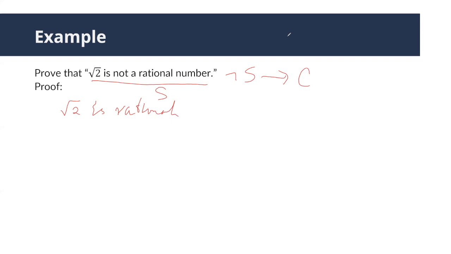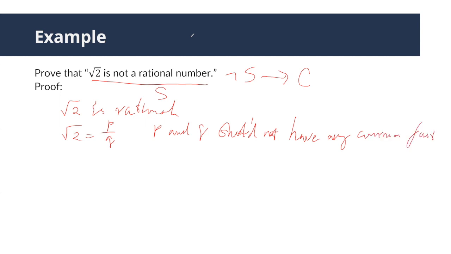Because the square root of 2 is rational, by definition, we know it's equal to P over Q, where P and Q are both integers and Q is not equal to 0. And in addition, P and Q should not have any common factors. This is very important. Keep that in mind.